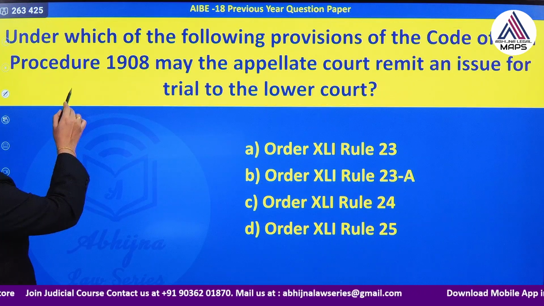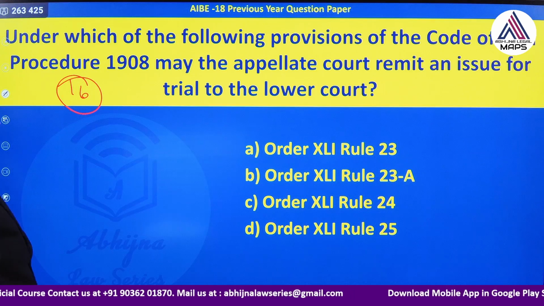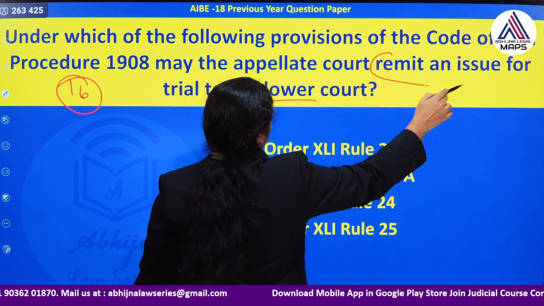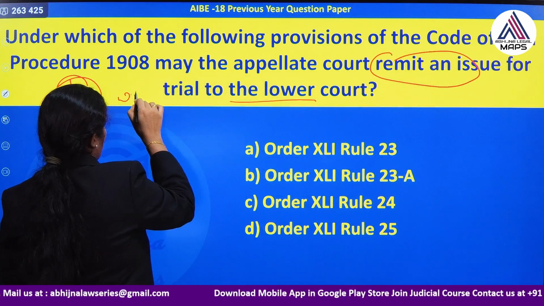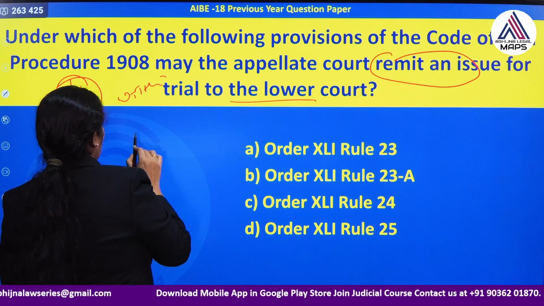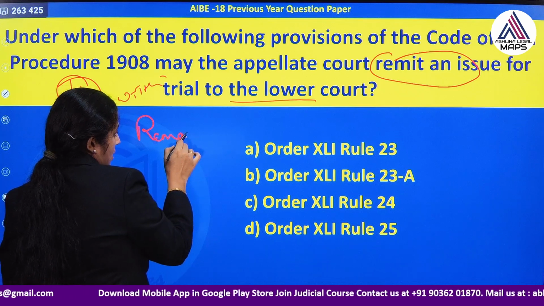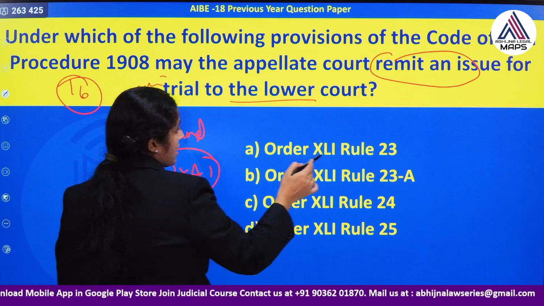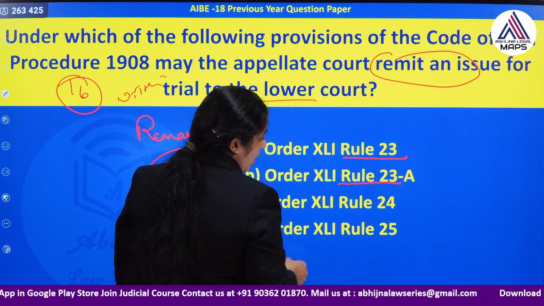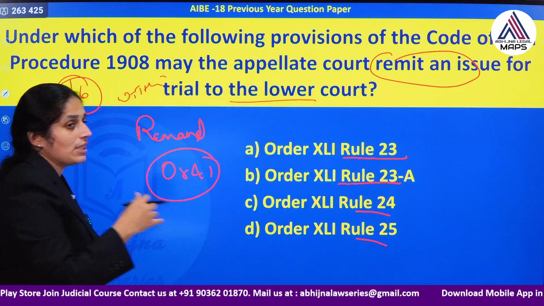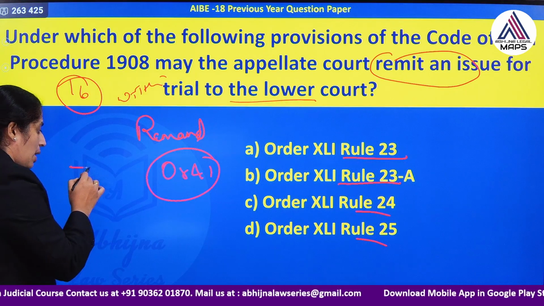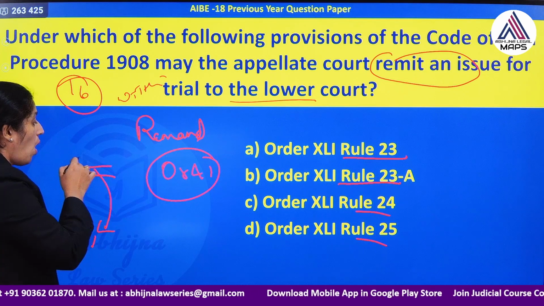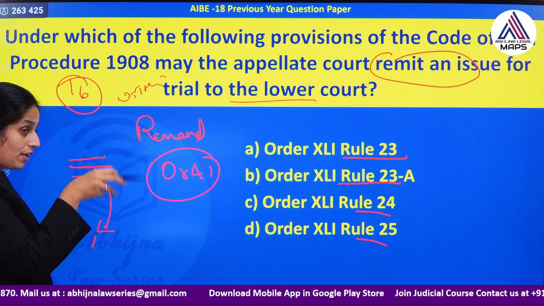Next one, 16th question. Under which of the following provisions of CPC may the appellate court remit an issue for trial to the lower court? Actually, this question is wrong, so that has been withdrawn. But regarding remanding a particular case, that is dealt under Order 41, and we have various rules, Rule 23, 23A, Rule 24, 25, where the appellate court has vast powers to either frame an issue, remand it for trial, or give the judgment itself, or resettle the issue, or frame an additional issue.